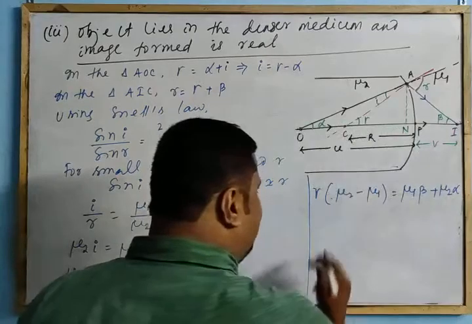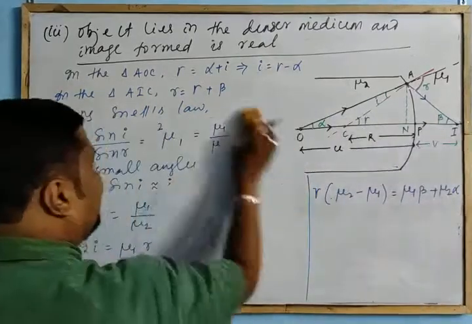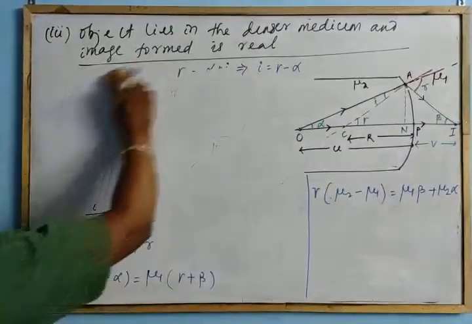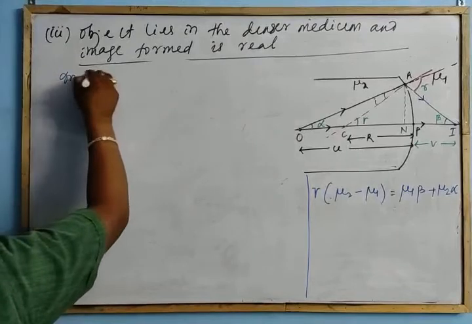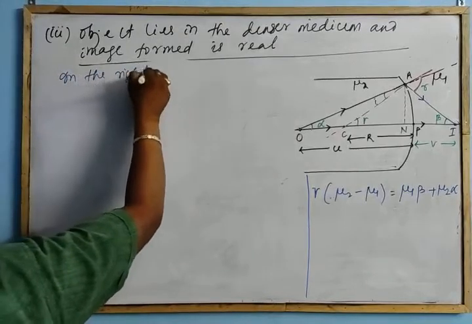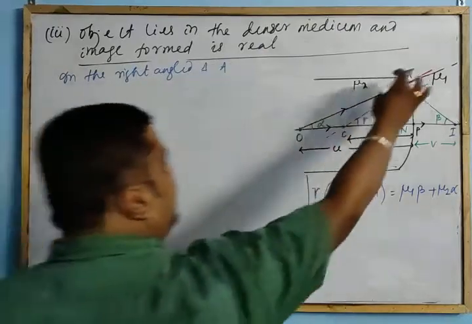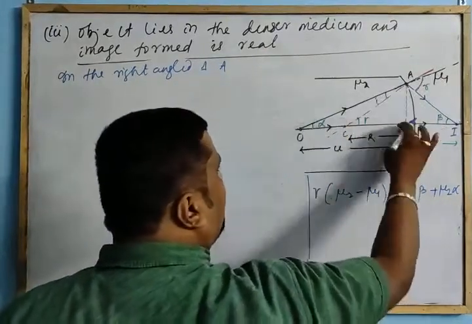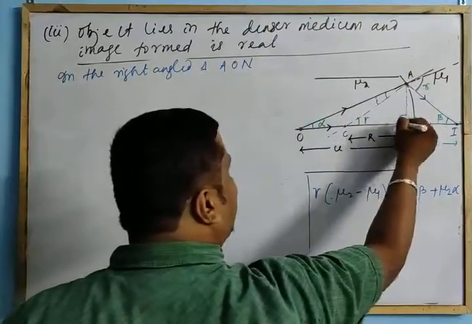Next is to find this alpha, beta, gamma. In the right angle triangle, do the same procedure. In the right angle triangle, A, O, N, this is the perpendicular.